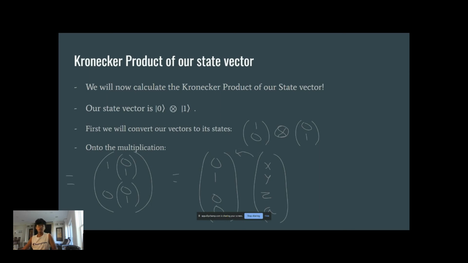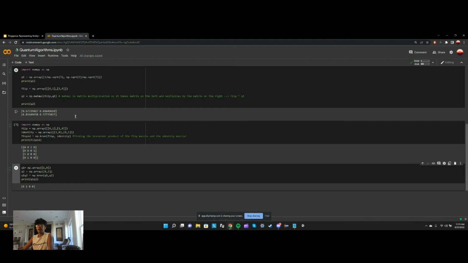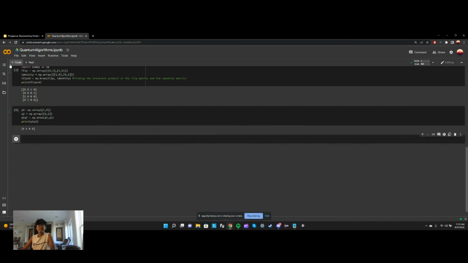So now we're going to be testing whether our operation gives us the expected state vector. First we're going to be matmul-ing. Remember, does anybody remember what matmul is? It's the matrix multiplication function, right? We're going to matmul flip ID and the Kronecker product of q1, q2, and really it should just represent the state of one tensor of one.